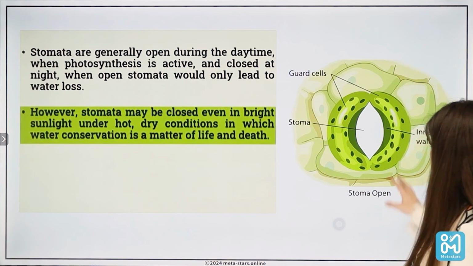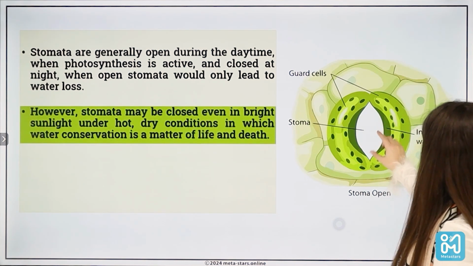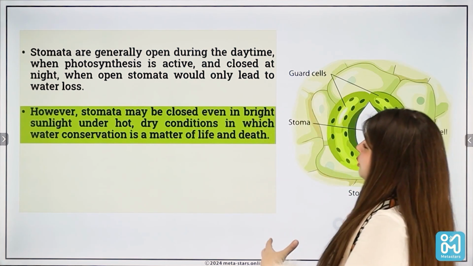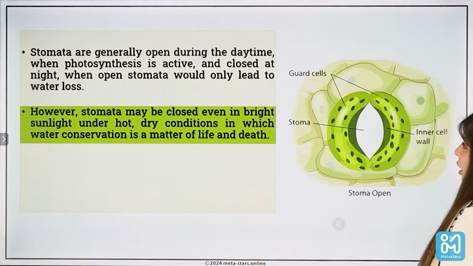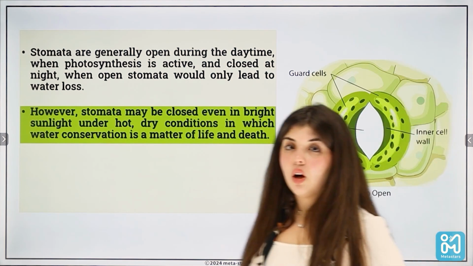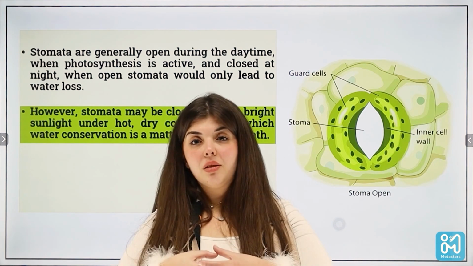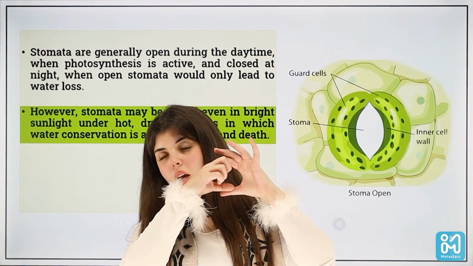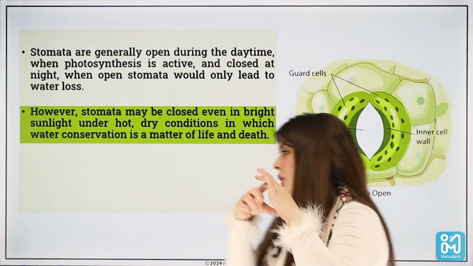So guys, stomata are generally open during daytime when there is photosynthesis because there is light, and closed at night when open stomata would only lead to water loss. Why? Because if stomata keep opening, what happens?